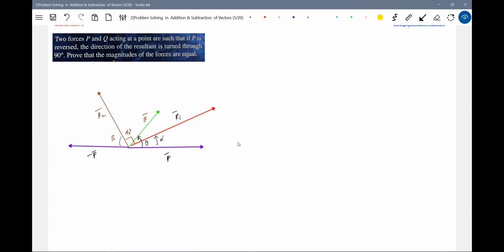Now we have to write the equations straight away. What equations do we have to write? Look at the first question again, you have to read the question once more. Prove that the magnitudes of forces P and Q, how they are related. So we have to bring a set of equations here.